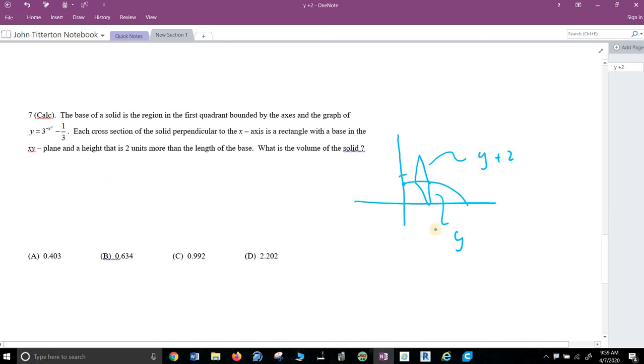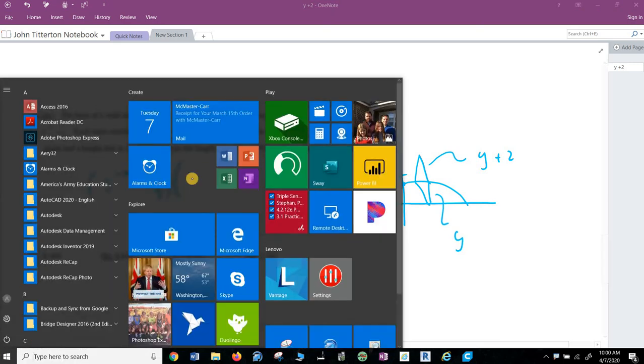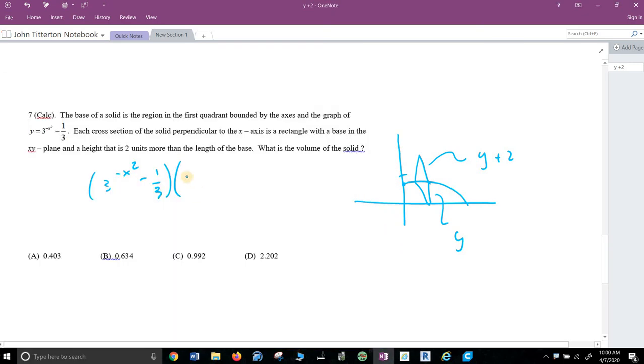Area is y, 3 to the negative x squared minus 1/3, times 3 to the negative x squared minus 1/3 plus 2. Well, I should combine those. I'm letting my calculator do all this. That's the area. Integrate from 0 to where does it intersect, with respect to x.